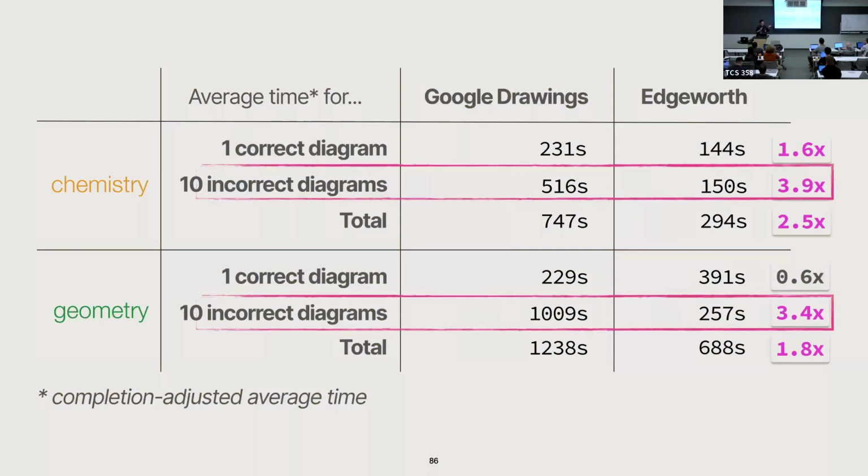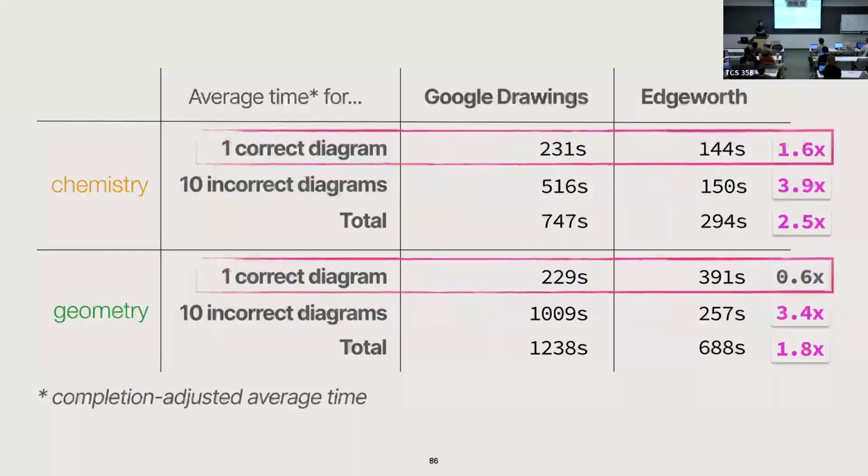To test the statistical significance, we ran a 2-way repeated measures ANOVA and saw that the results are indeed statistically significant. For the correct diagrams, the results are kind of mixed, likely due to the upfront cost of having to make the first Substance program.